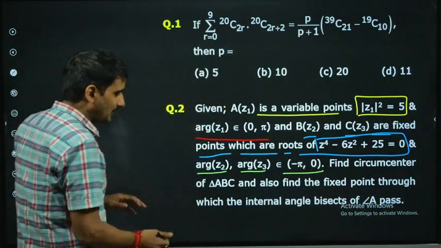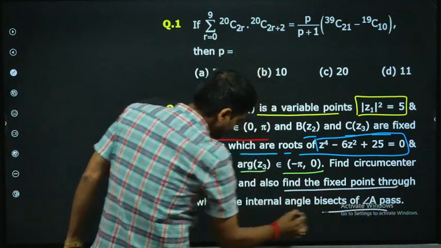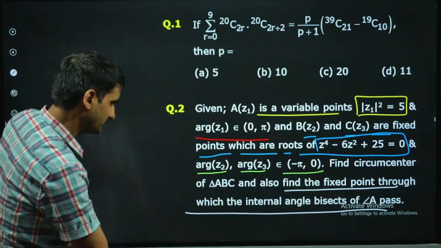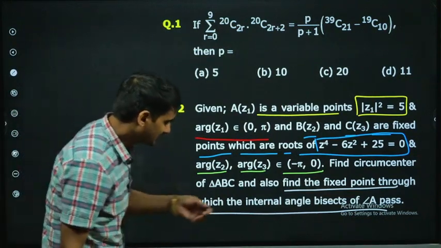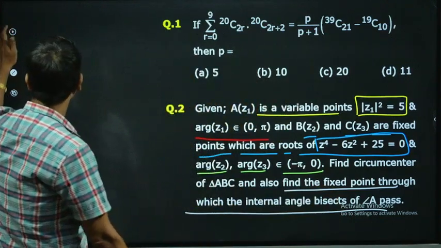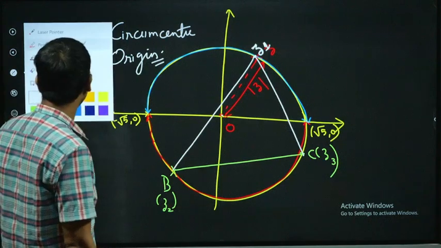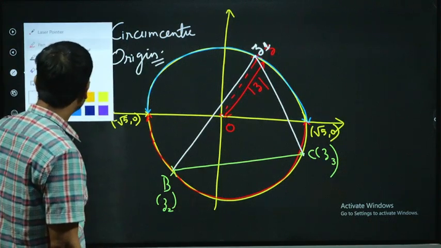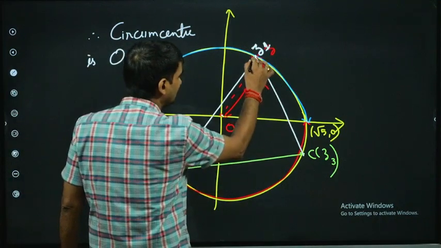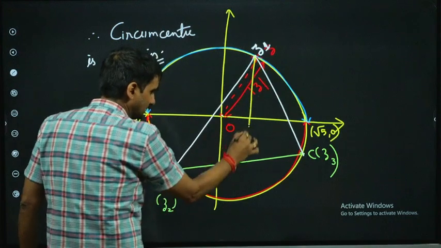Now also find the fixed point through which the internal angle bisector of angle A passes. So we have to find that fixed point. Let me draw that internal angle bisector.